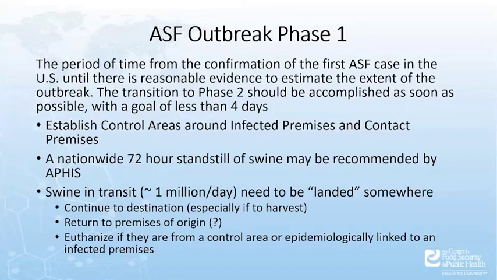Return to the premises of origin, and I put a question mark there because that's in the Secure Pork Supply Plan and the Phases and Types document, but the document on initial movement guidance for Wednesday's exercise indicates that swine should not be returned to the premises of origin for reasons that they'll get into, or euthanize them if they're from a control area or epidemiologically linked to an infected premises if they're in transit.